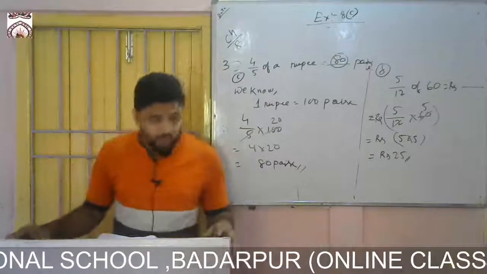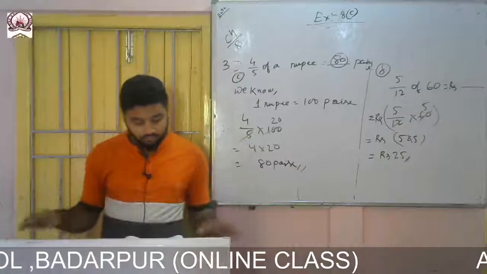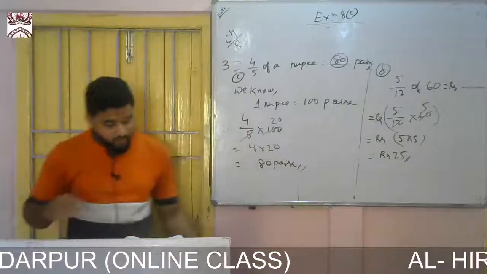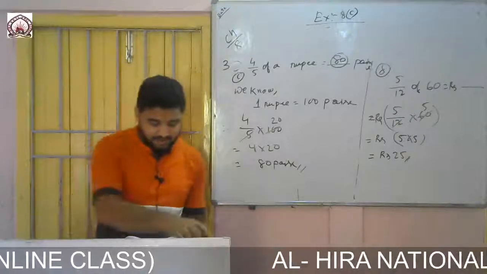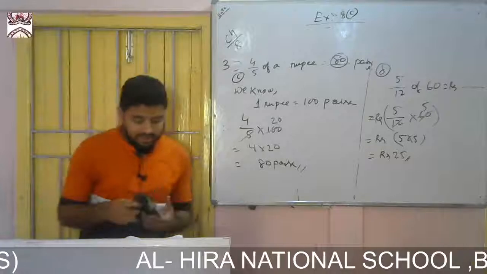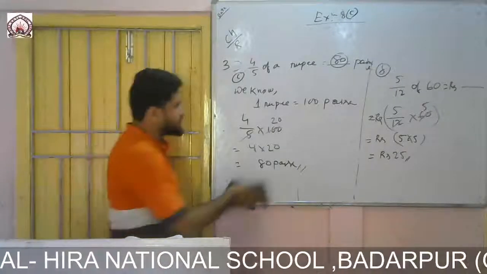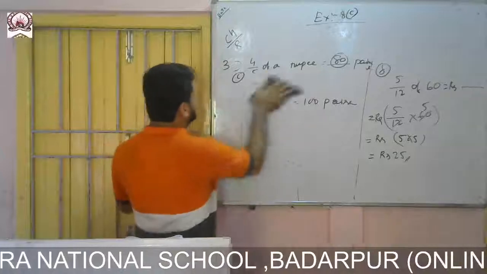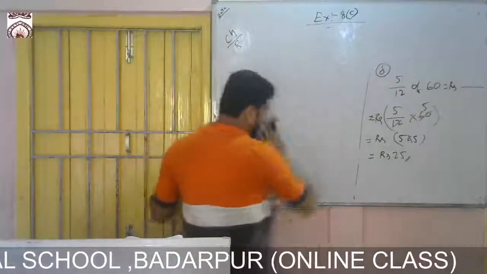Now come to question number 4. So question number 4, 3 by 5 of a kg equals to how many grams? So write this one.